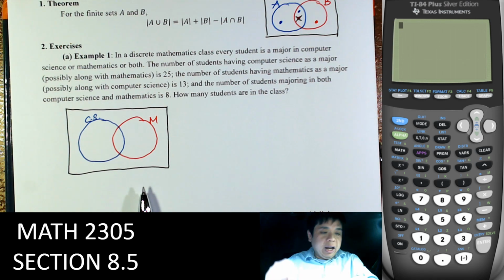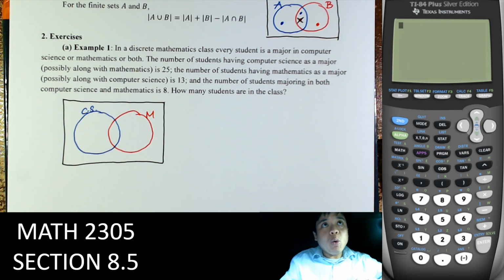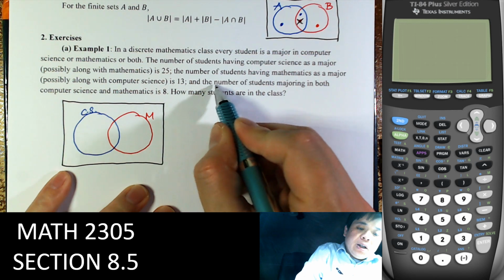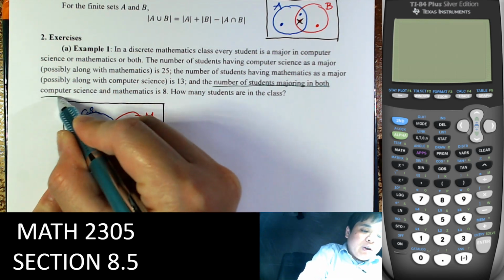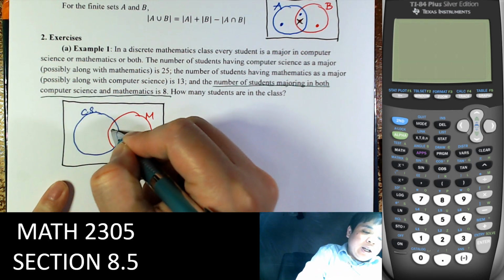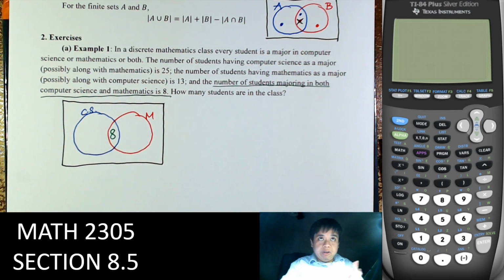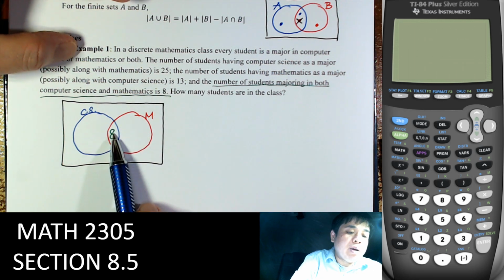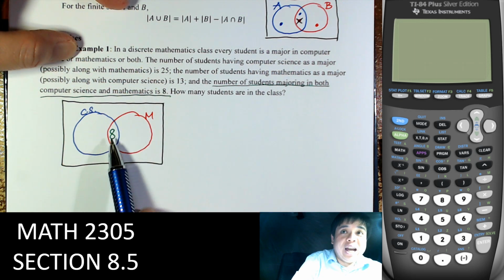Right. Now for this type of problem, we go with the smallest number. We know that the number of students that major in both is 8, so we start with 8. The overlapping. Next, for computer science there are 25, but out of those 25 possibly some of them are in math as well, so actually 8 of them.